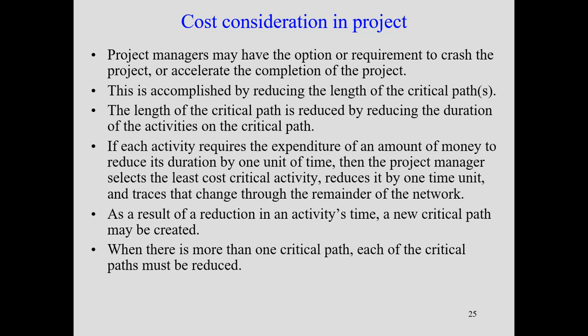For example, if we have two critical paths and we just focus on one critical path, the entire project will not be crashed, just because there are two critical paths there. So if there are two critical paths, we should make changes in both critical paths simultaneously.